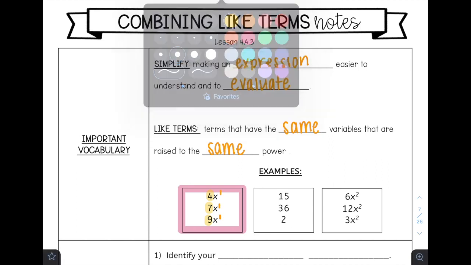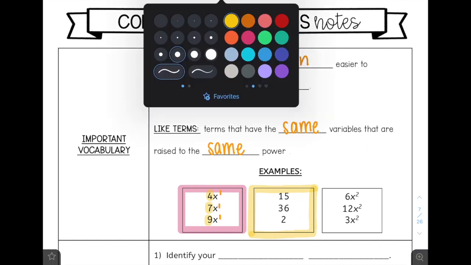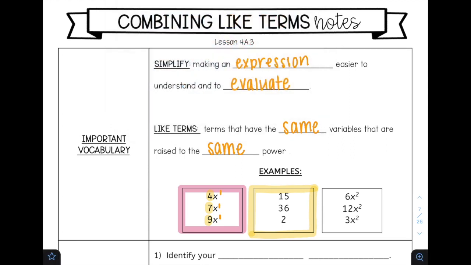Same thing when we have constants. Constants are values that aren't going to be changing. So we have 15, 36, and 2. None of them have exponents. None of them have variables. They're all like terms. Then we have x to the second power.